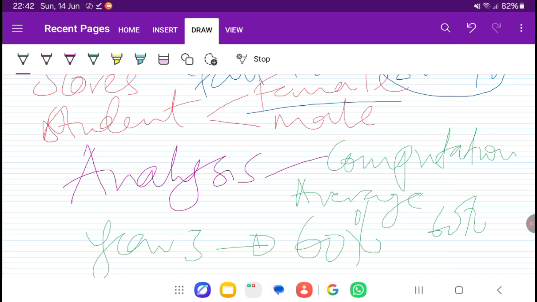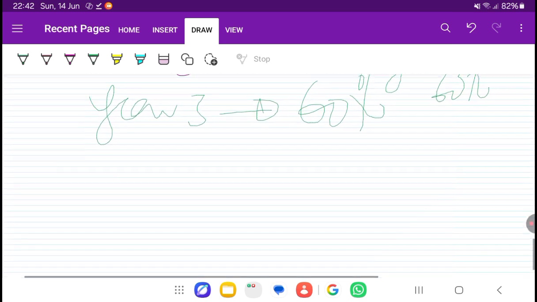It will be our modal mark. You can compute the median, you can compute the mean. So it depends on how you want to make your conclusion, because for me, I can just use one method. I want to use the average to make the conclusion from what I've tried to look out for, depending on what I'm proving.